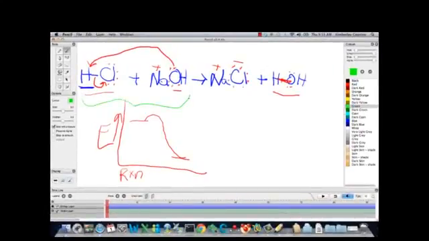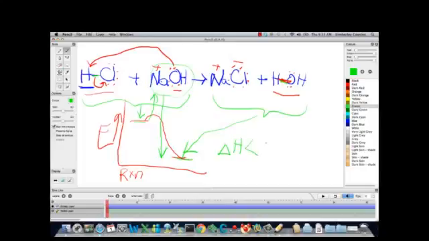Everything on this side of the equation equates to this energy level, and everything on this side equates to this energy level. So overall, this tells us the HCl bond, the one that's broken and costs energy to break, is much weaker than the H2O bond, the energy that we get back out. So you have some energy that goes into breaking that one bond, a lot more energy that goes out to making the second new bond. The ionic interactions do not greatly affect this process, and overall you have a net exothermic process that would be indicated by a delta H value that's less than 0 or negative.